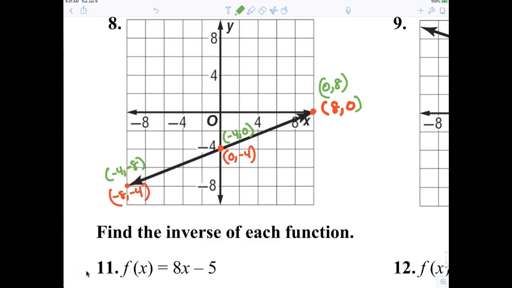So if you plot 0, 8, -4, 0, and -4, hold on, this one down here, thank you. This one down here is -8, -8, correct? Thank you guys, sorry about that.